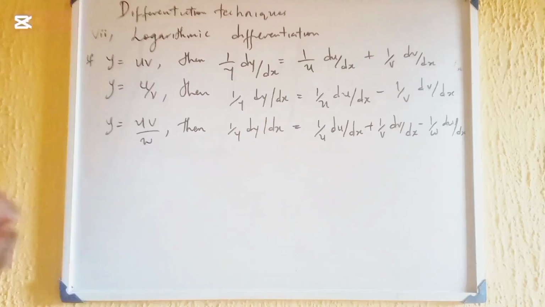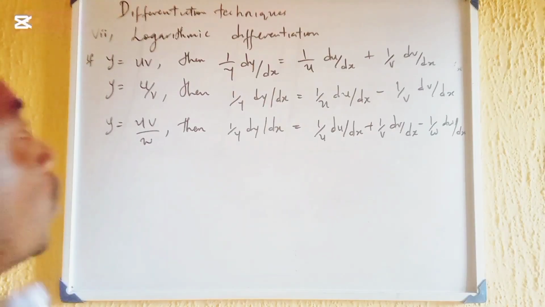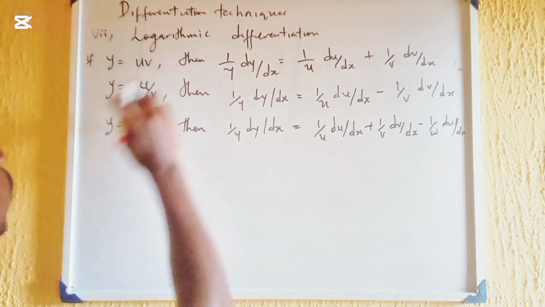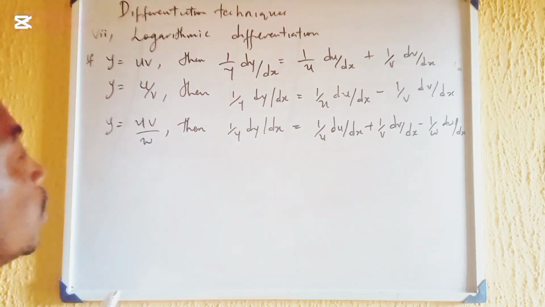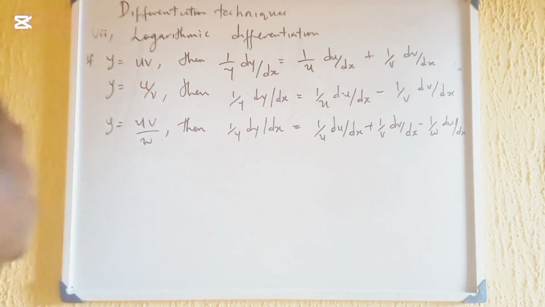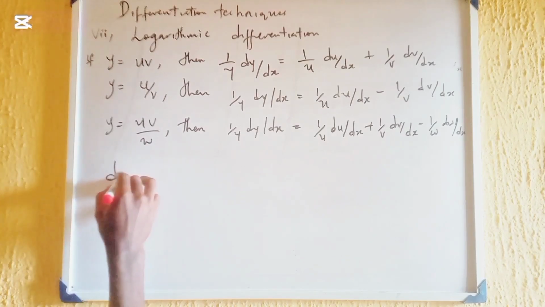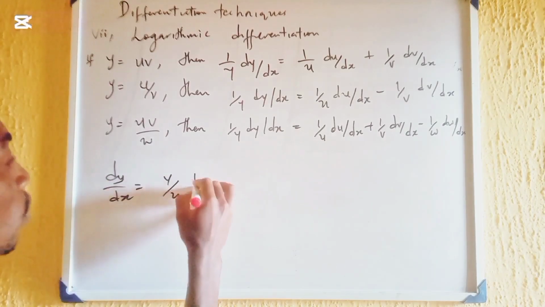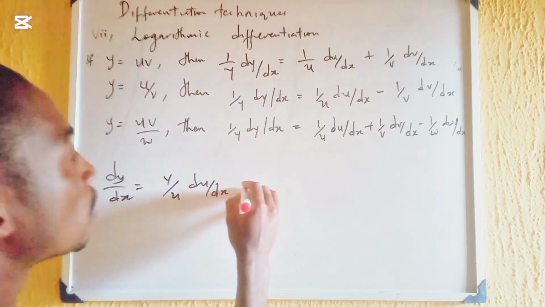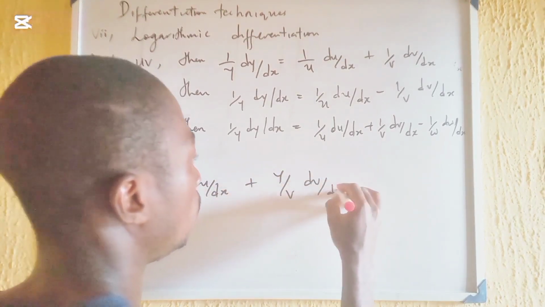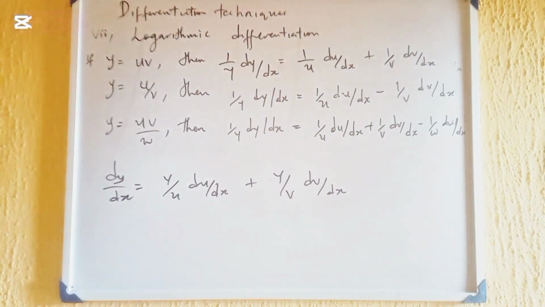That's all. Okay, let's verify if this rule is correct. For the first one, y is equal to uv, then 1 over y dy/dx is equal to 1 over u du/dx plus 1 over v dv/dx. So what do I have? That dy/dx is equal to y over u du/dx plus y over v dv/dx. But remember that your y is uv.